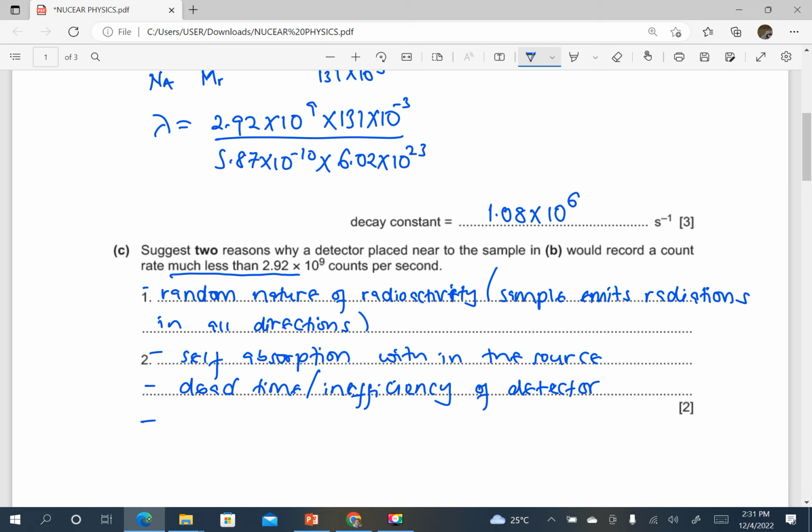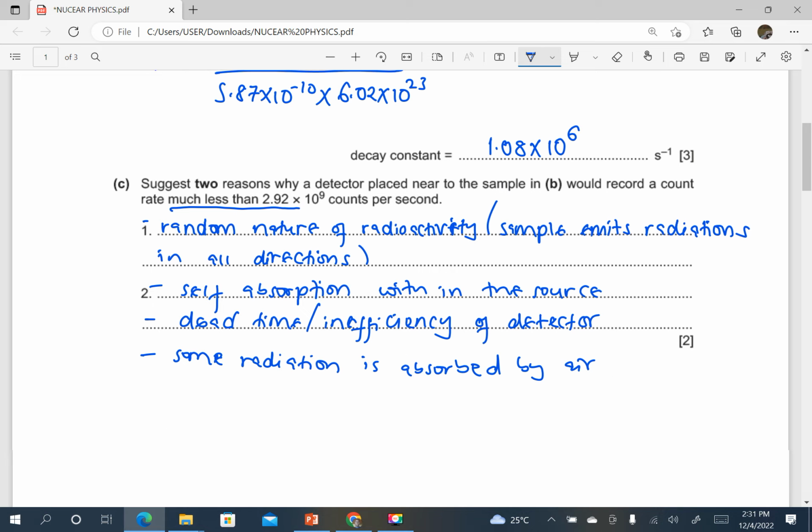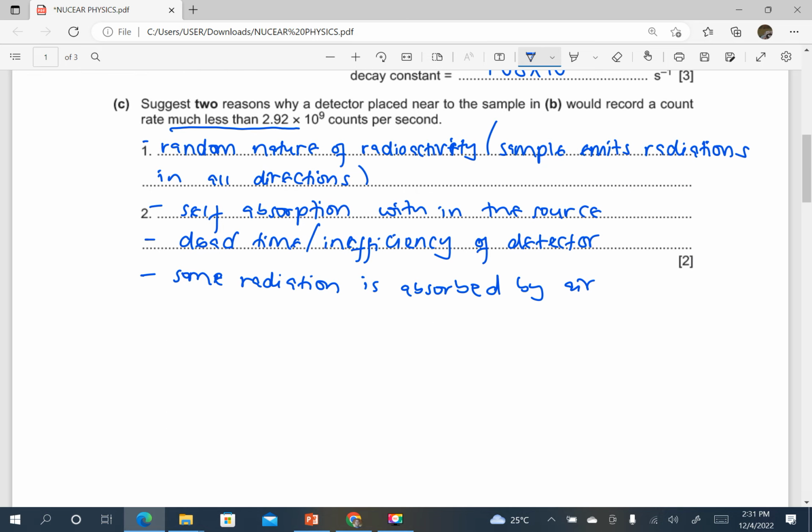By the way, some radiations could be absorbed in air. For example, gamma rays do not have a small range in air. So if the detector is some short distance from the source, some radiations may be absorbed by air, so they may not actually contribute to the count rate.